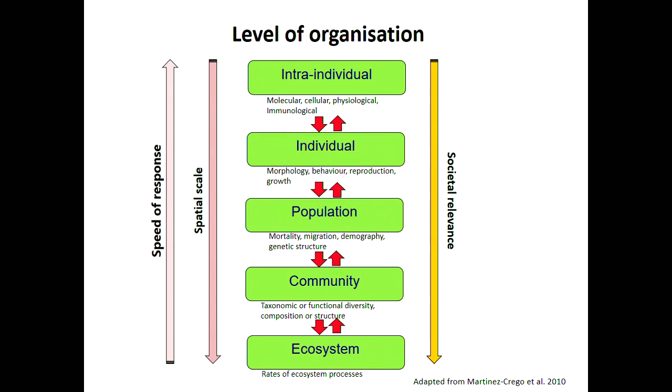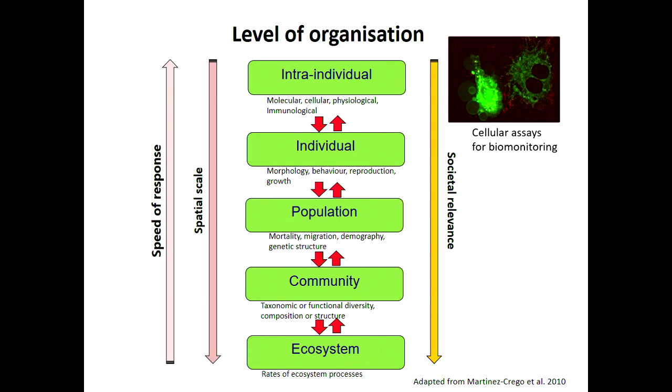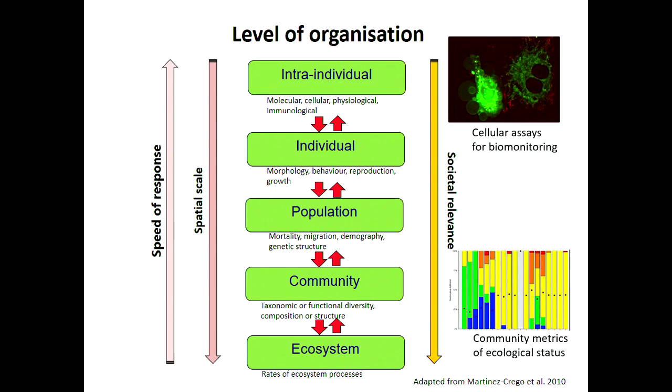So to better understand the consequences of multiple stresses in the environment, it's very useful to take an integrated approach across these levels of organization if we can. This is also useful for exploring the effectiveness of biomonitoring tools that are quite often based on measurements made at the intra-individual level at predicting consequences at the community and ecosystem level, which is where society is more directly concerned.